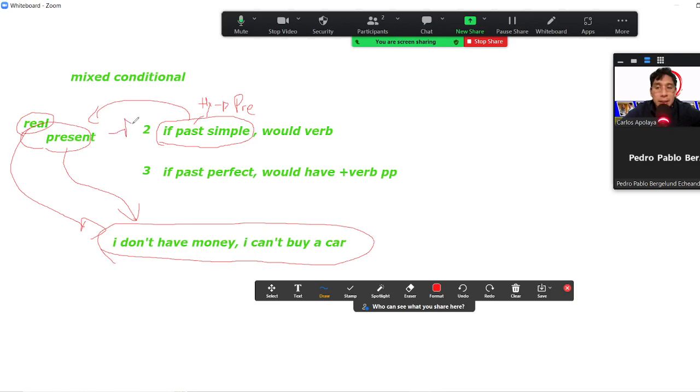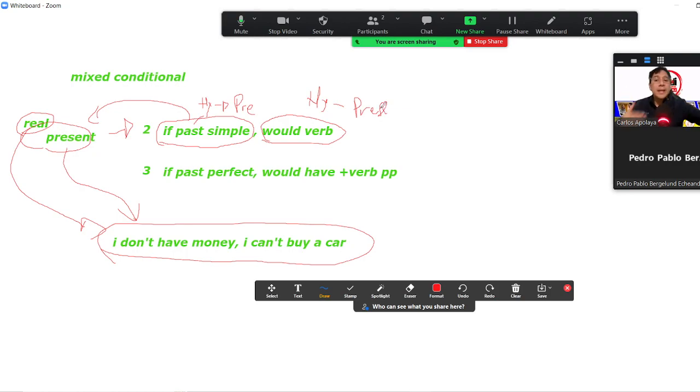So when you use a second conditional, you have to use the past because this is a hypothetical situation in the present. Did you understand? Yes. And the result is real or hypothetical? Hypothetical. Hypothetical in the past or in the present? In the present, of course.